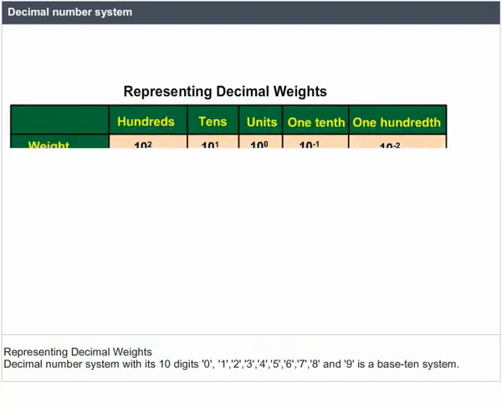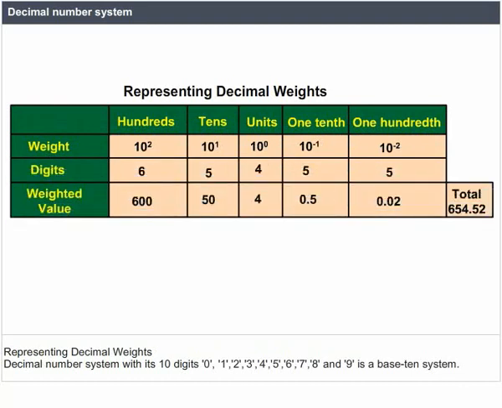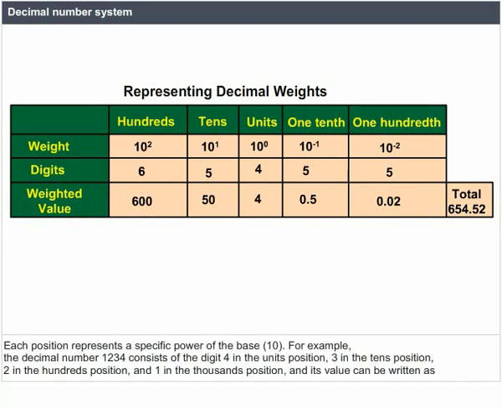Representing decimal weights. The decimal number system with its 10 digits 0, 1, 2, 3, 4, 5, 6, 7, 8, and 9 is a base 10 system. Each position represents a specific power of the base 10.